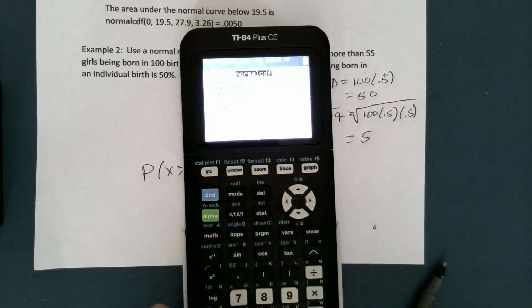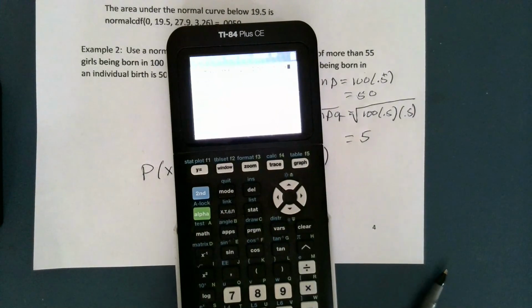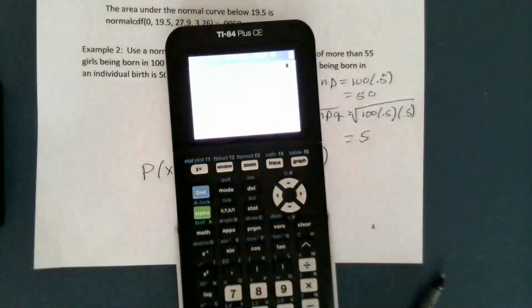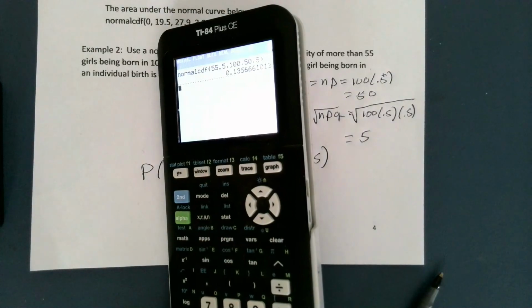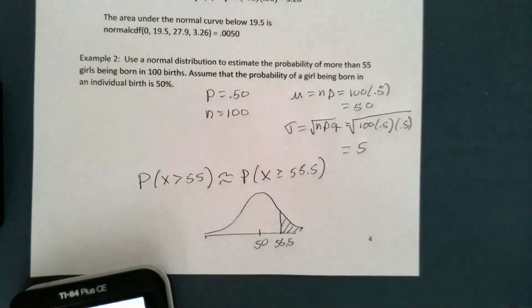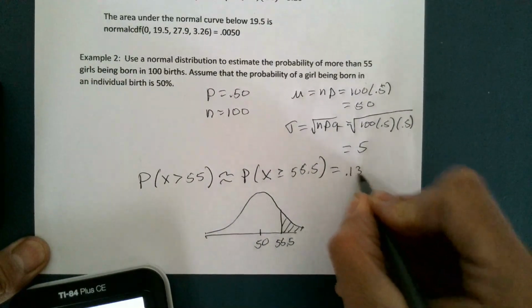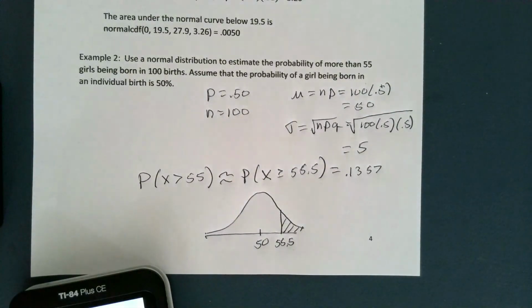The mean is 50 and the standard deviation is 5. So this is what I have. And the answer comes out to be 0.1357. The approximated answer. So that's our answer.